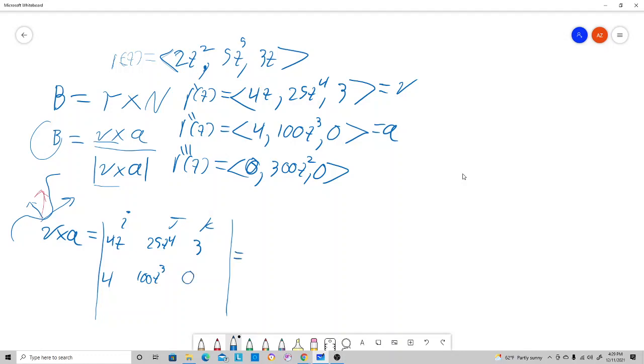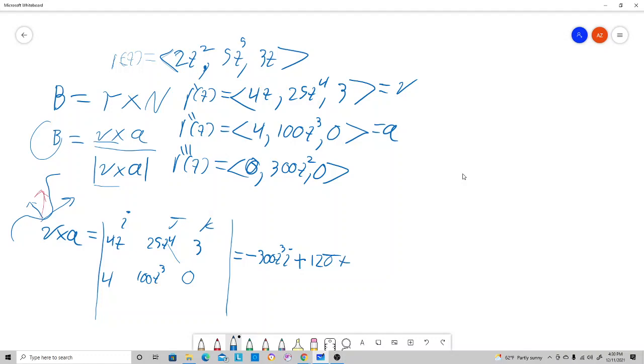Okay, so let's compute this cross product. This times this will be 0, and this times this will be negative 300t to the third, which is the i component. Minus, if we cover up j, we have 4t times 0, which is 0, and then negative 4 times 3, which becomes positive, so 12j.